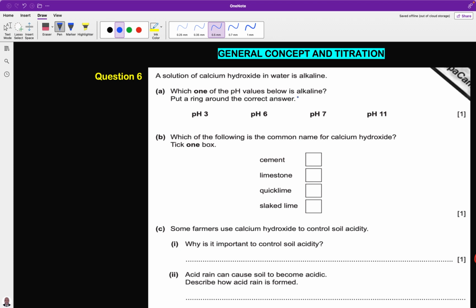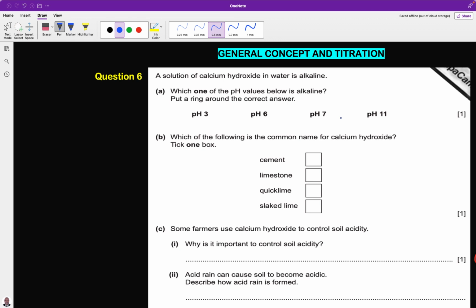A solution of calcium hydroxide in water is alkaline. Which one of the pH values below is alkaline? Put a ring around the correct answer. Now, you know that a pH of 3 is acidic. A pH of 6 is still acidic, very weak acid. A pH of 7 is neutral.